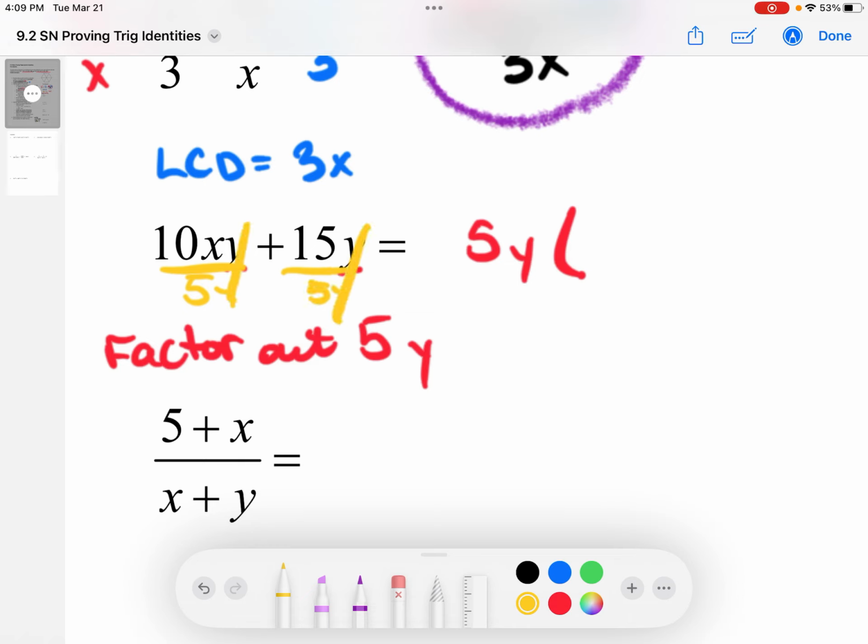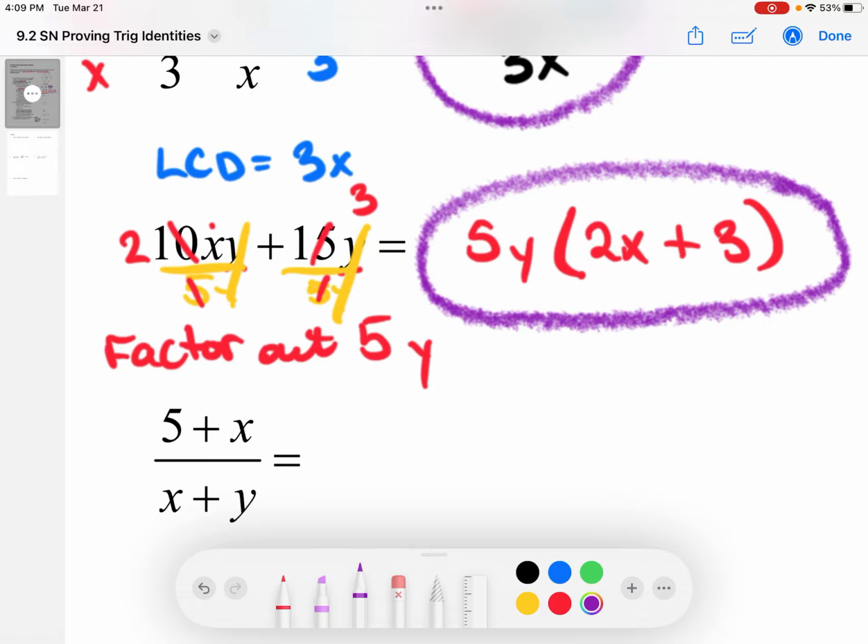So the y's divide out. 10 over 5 gives us 2, and that x is still there, so that's a 2x. 15 over 5 is 3, so plus 3. And now we have factored something out, and we can work on just simplifying what's inside the parentheses, which isn't as large as what you started with.